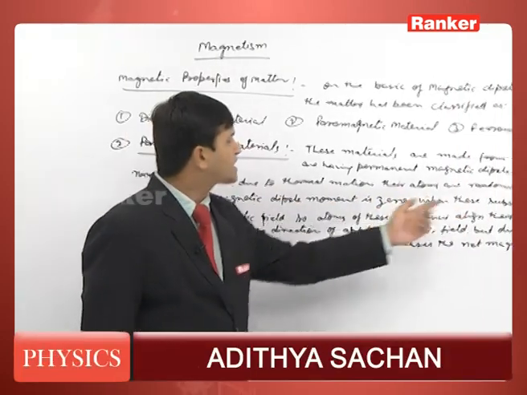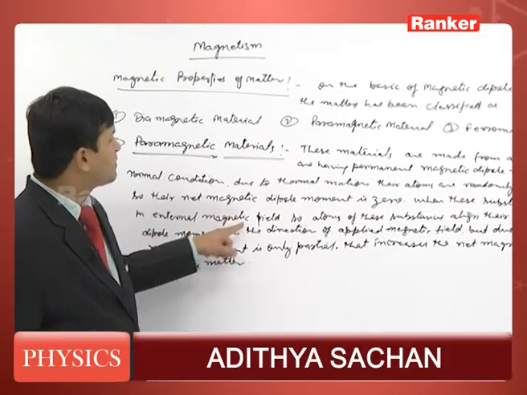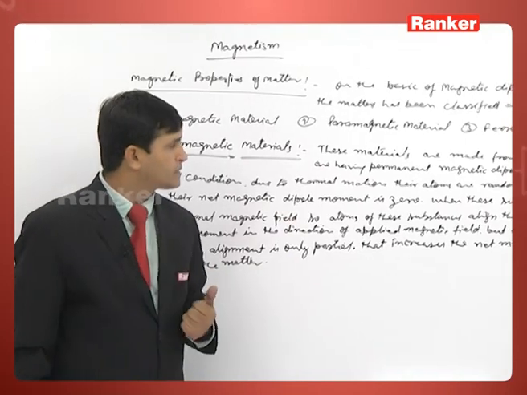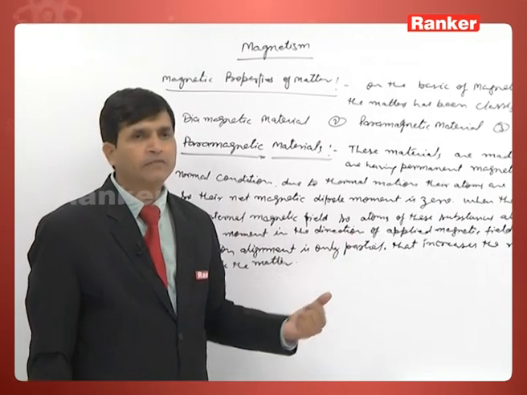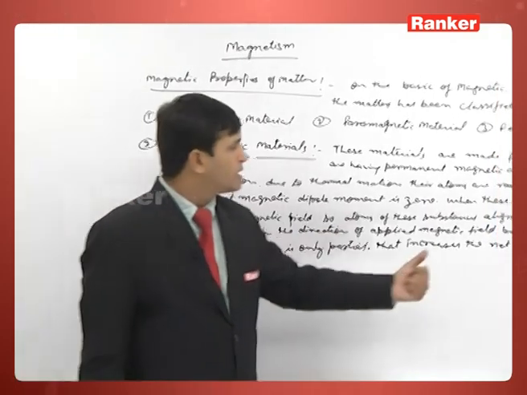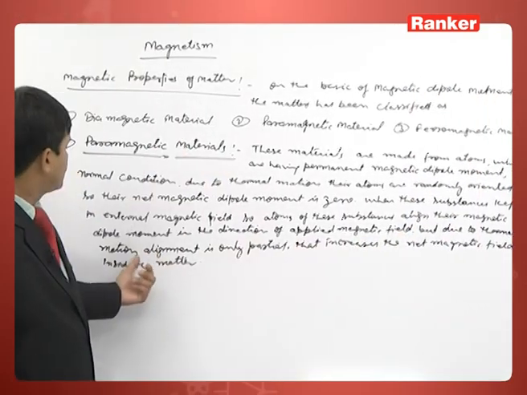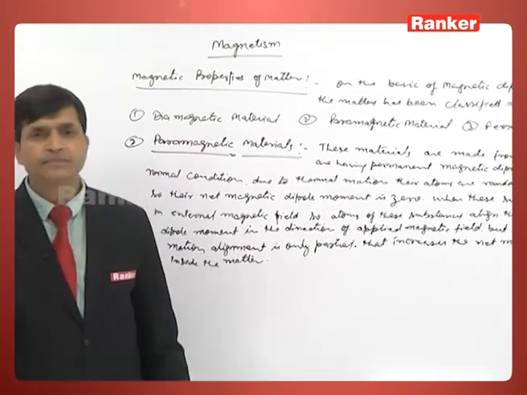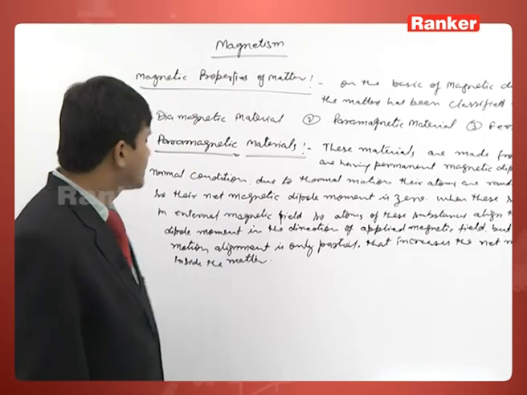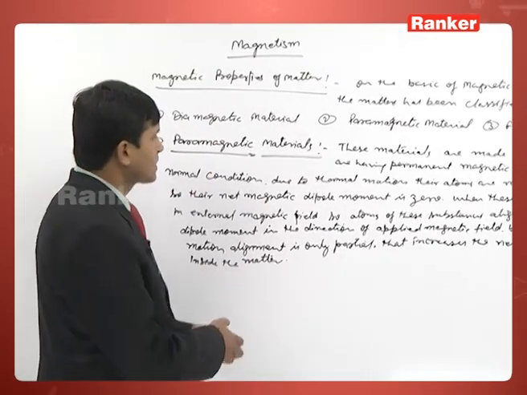When these substances are kept in an external magnetic field, the atoms align their magnetic dipole moment in the direction of the applied magnetic field, but due to thermal motion, alignment is only partial. That also increases the net magnetic field inside the matter.